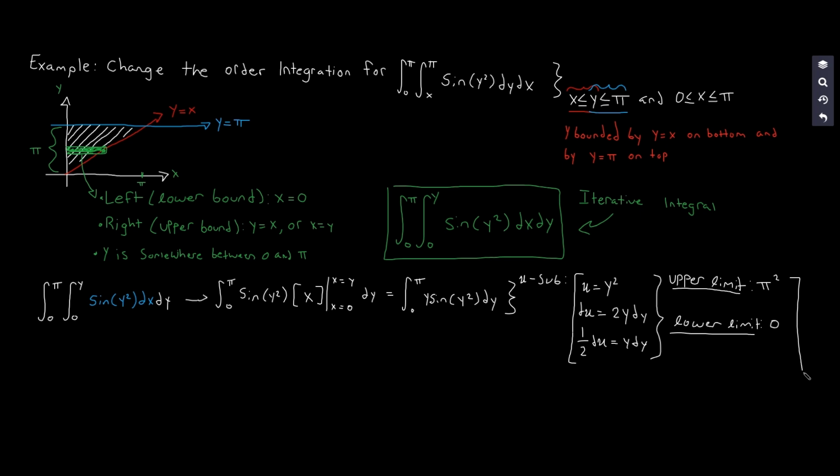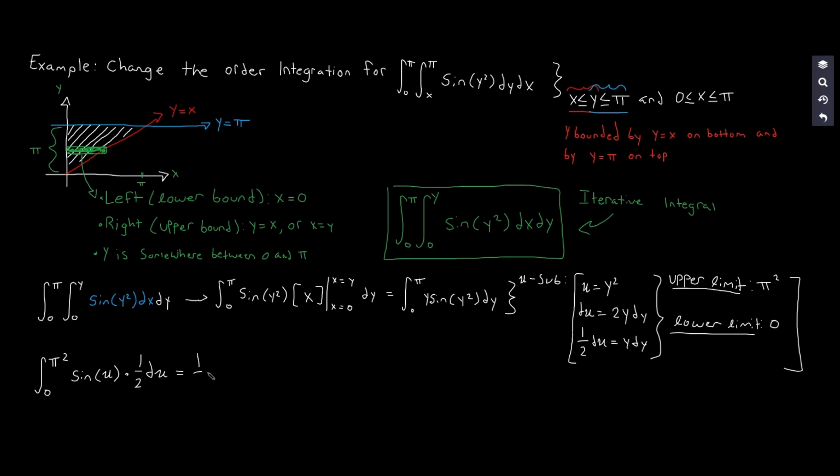Oh, okay. So let's solve this. The integral from 0 to pi squared, and in the integrand it's going to be sine of u times 1/2 du.